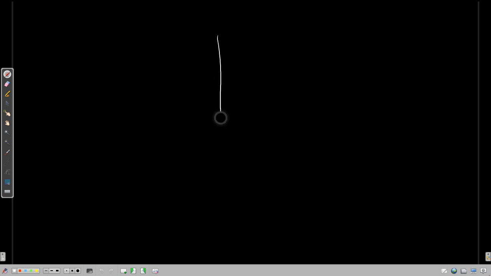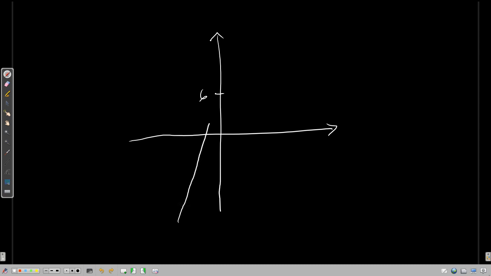I'll plot some points that'll help me, as I want my drawing to be in perspective. Because if I cross at 6 and have a slope of 6, well, that's steep, you know. So there's my line, 6x plus 6.